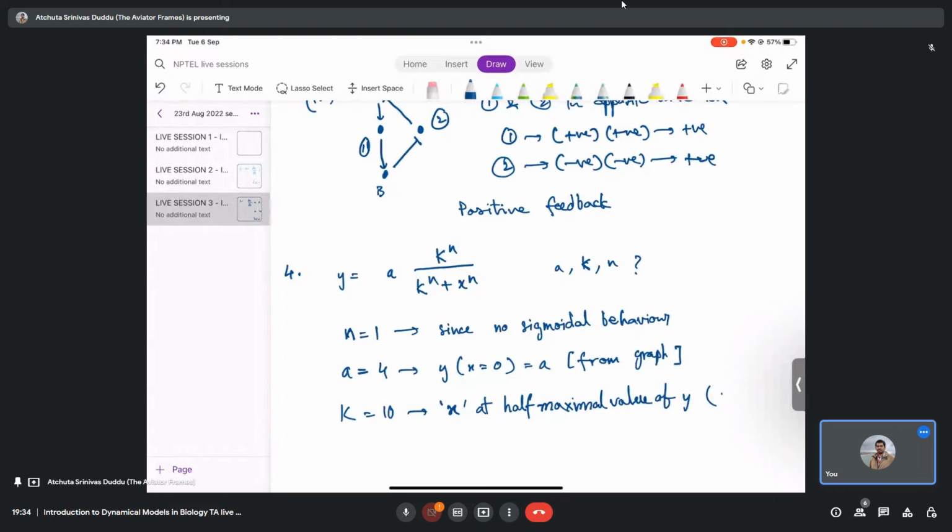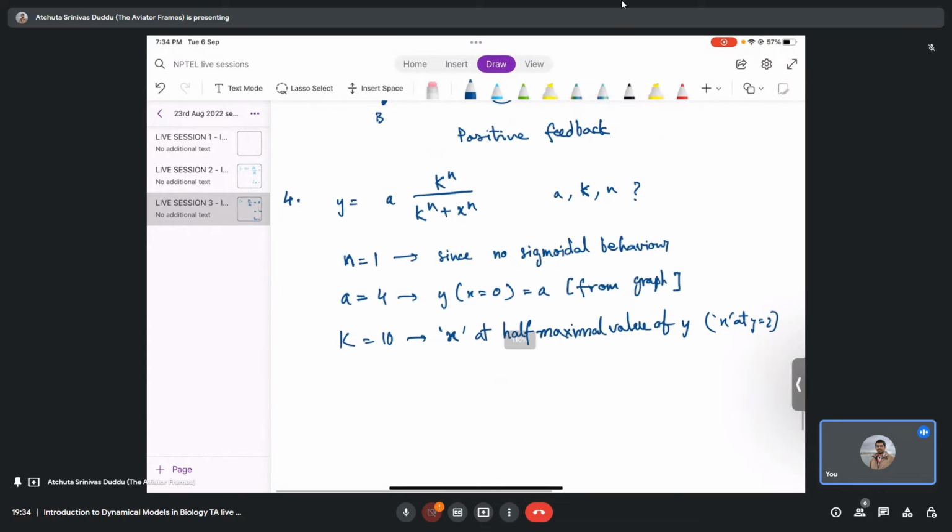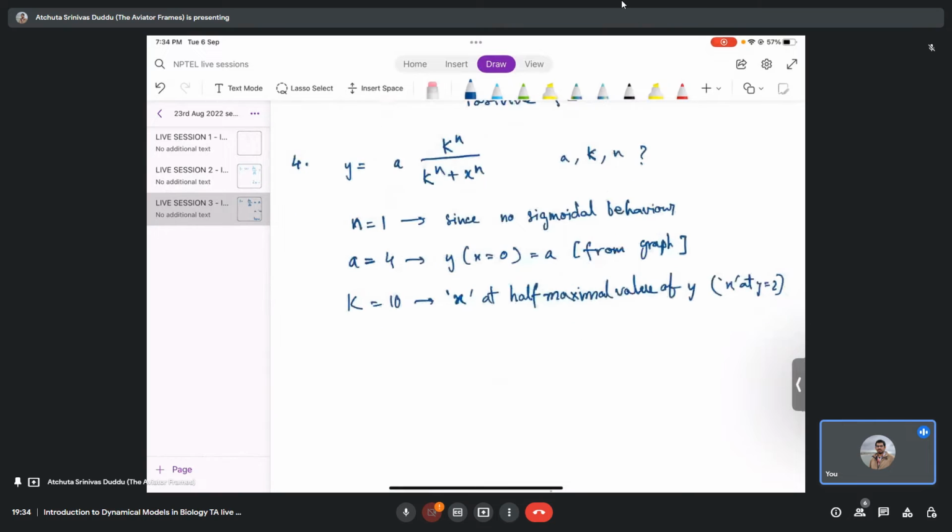So x at y equal to 2. Again, from the graph you get that k equal to 10, right? So that is the fourth question. Let me know if you have any doubt in that. Okay, if not, I'll move on to the fifth one.